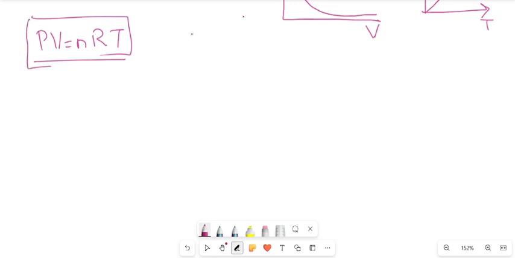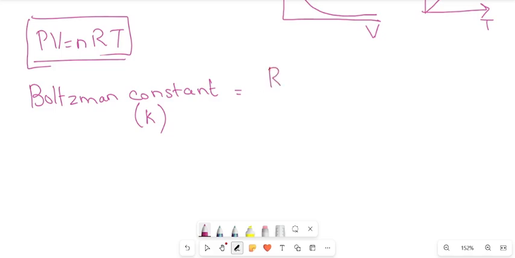So essentially, let me tell you where the R came from. If we do the Boltzmann constant, the Boltzmann constant is defined as k, and it is equal to R over Na.